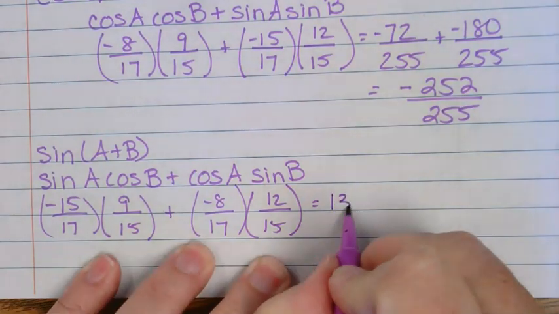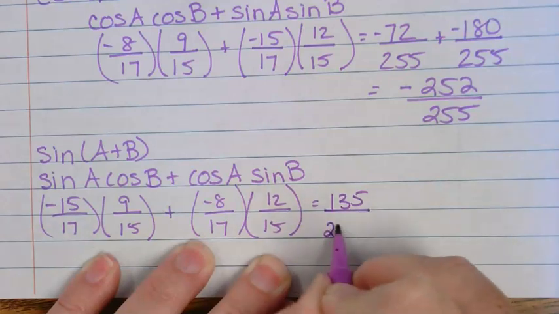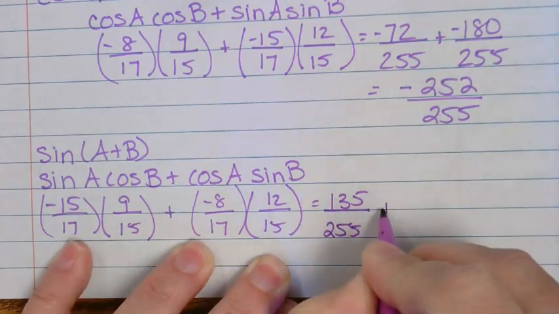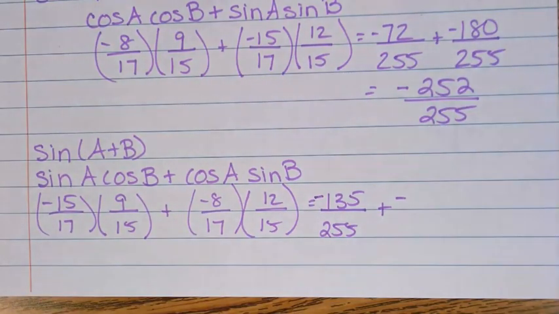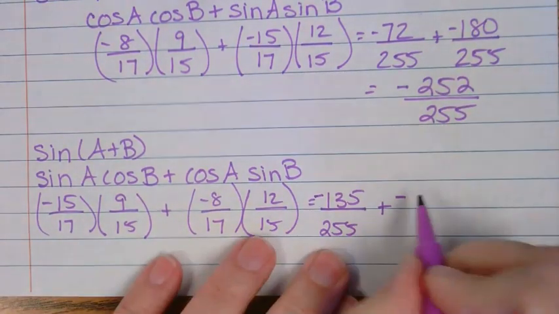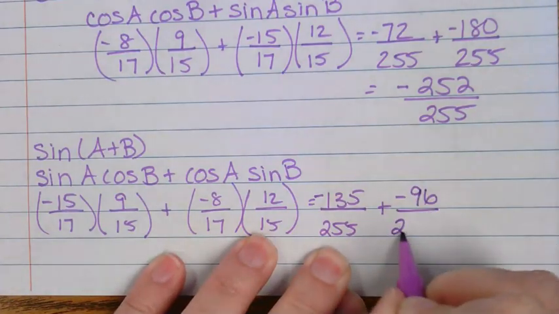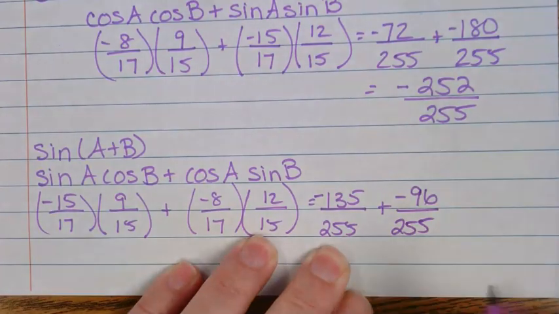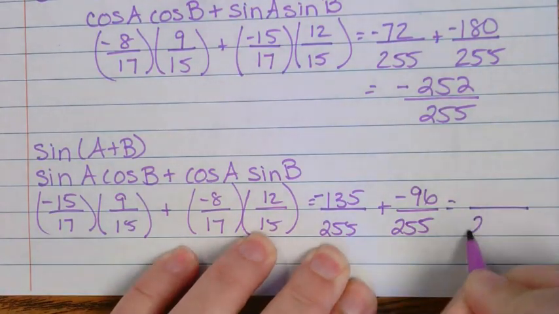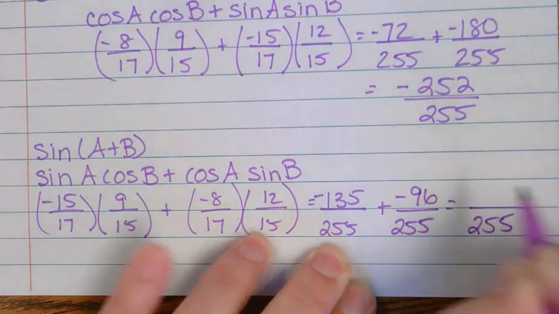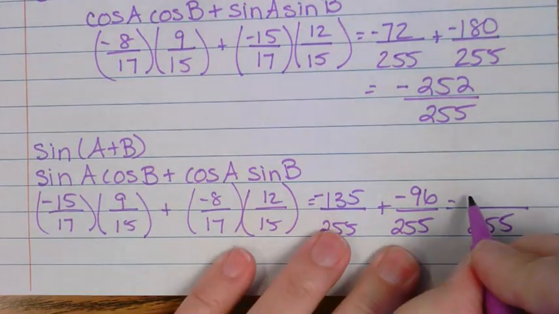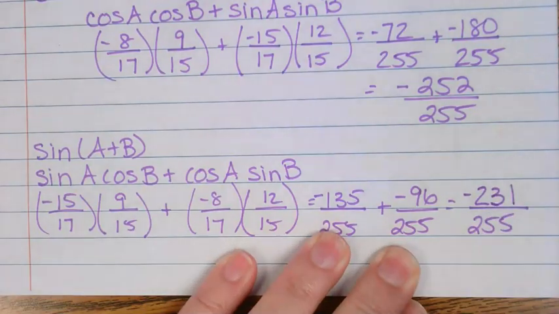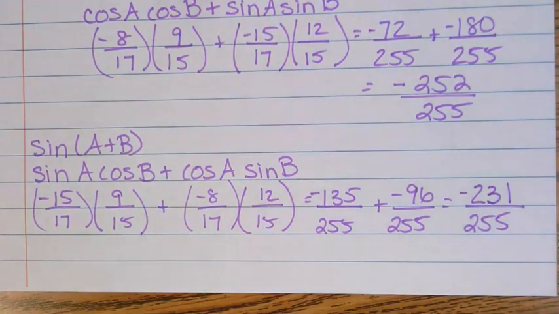So 135 over 255 plus, ooh, I dropped my negative. Ooh, that would have been bad. Times 96. Negative 96 over 255. Again, denominator should match. And I get negative 231. I hope this helps. I'll see you in the next video.